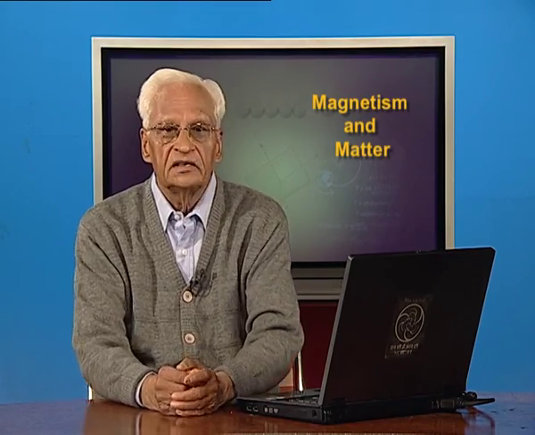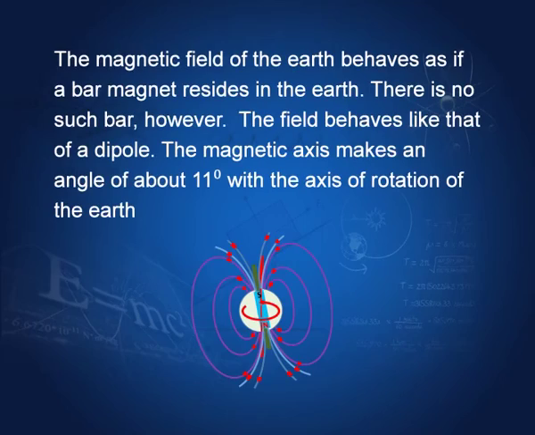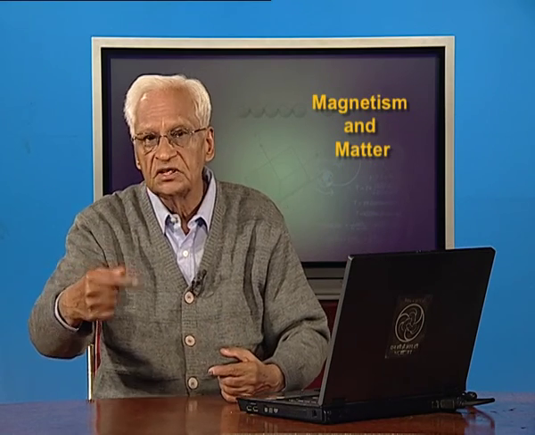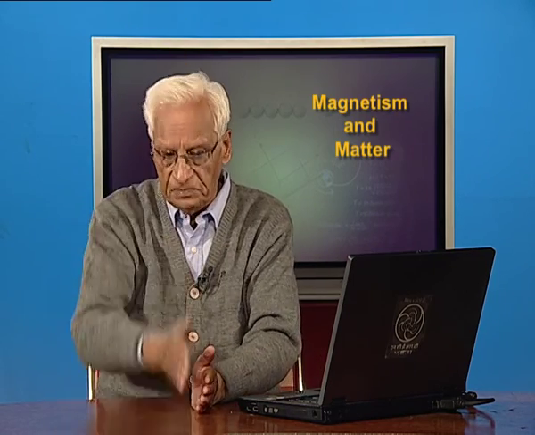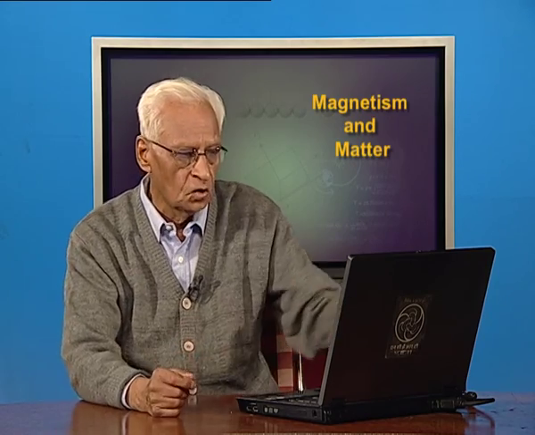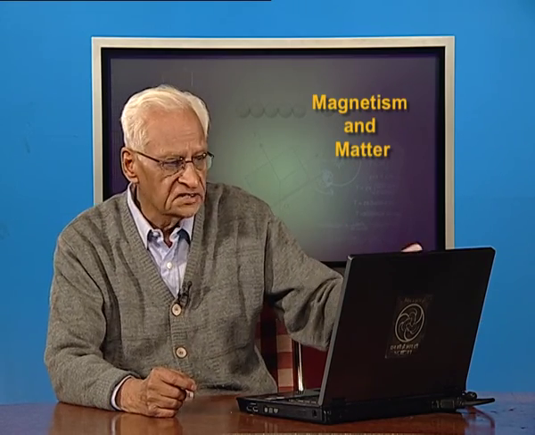The line joining the magnetic north and magnetic south of the earth is called the magnetic meridian. This red line is called the magnetic meridian. But what is a meridian? We have to learn this from spherical trigonometry. Any plane circle on a sphere which passes through the center of the sphere is called a great circle.